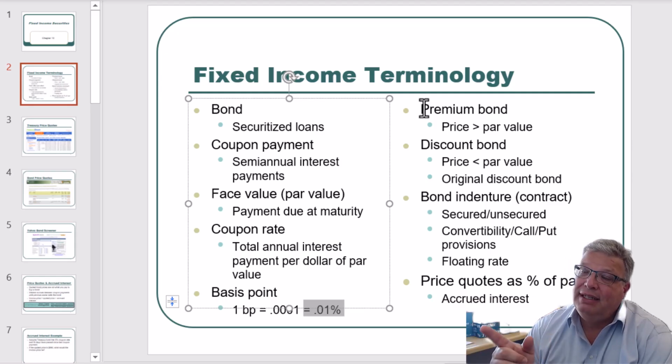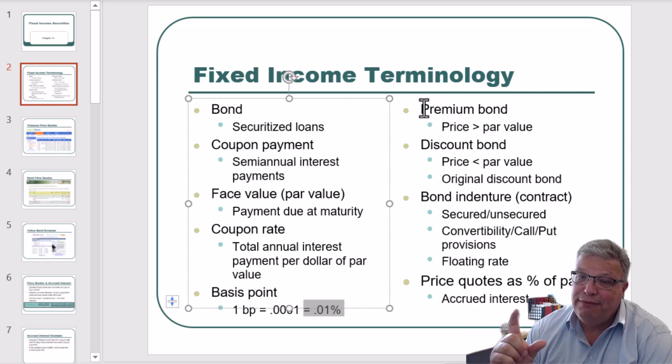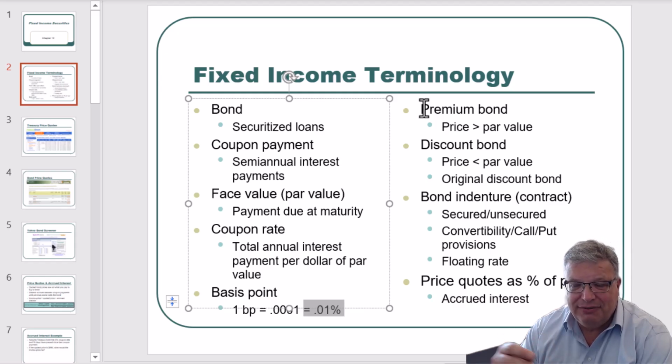If the Fed cuts interest rates a full 1%, a full 1% is 100 basis points, right? So it's just a finer way to describe interest rates that goes into a little bit more detail than you would with an interest rate change.